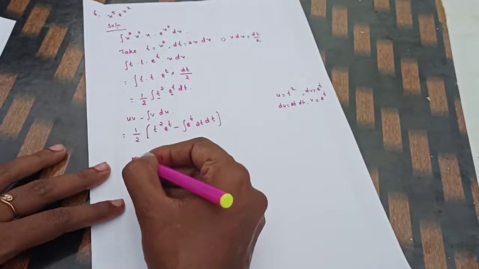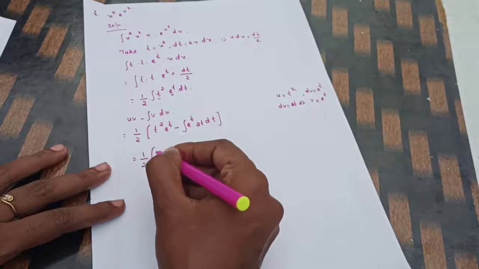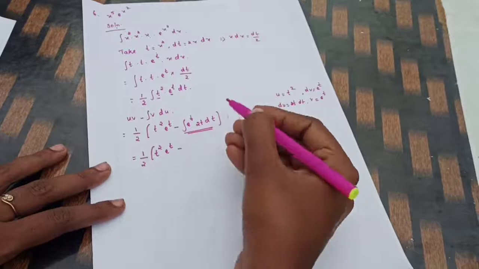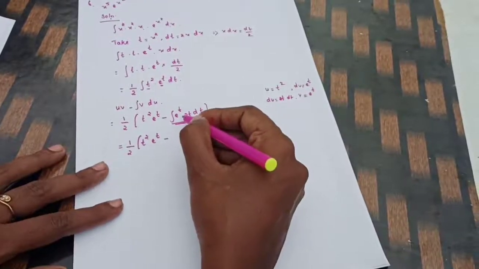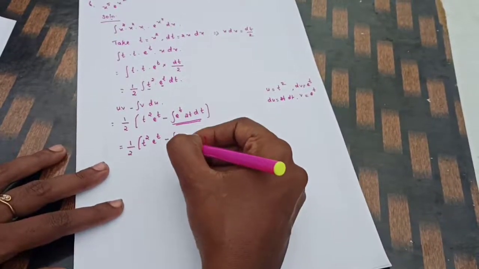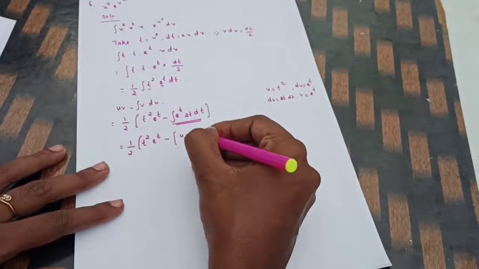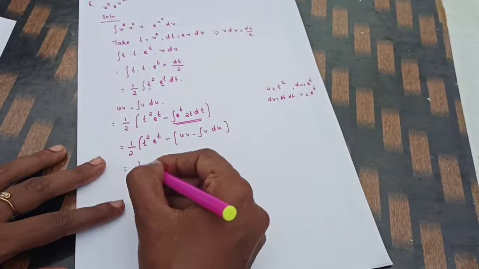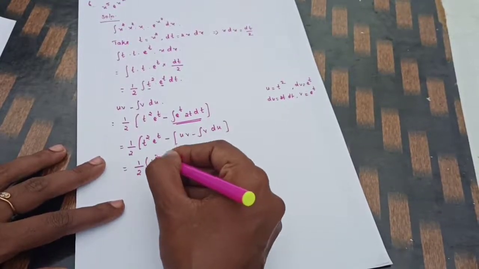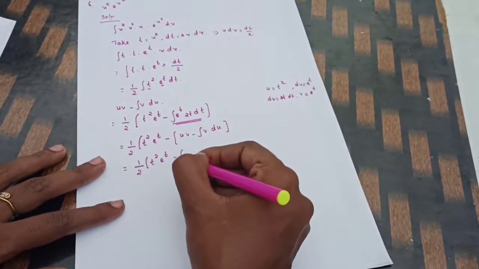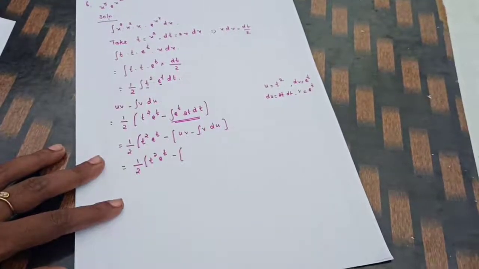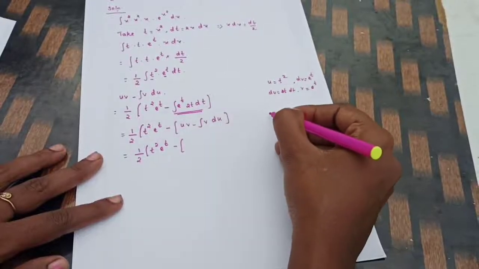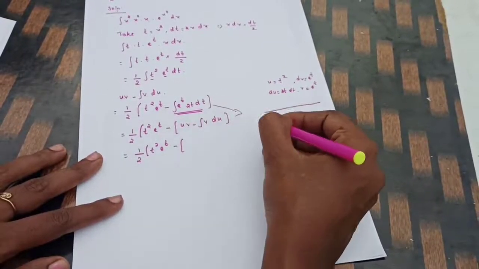Okay, so that is equal to 1 by 2 into t square e power t minus, again you need to use ILATE. Again we are going to use uv minus integral of v du. That is equal to 1 by 2 into t square e power t minus uv. Is it right? So again ILATE.